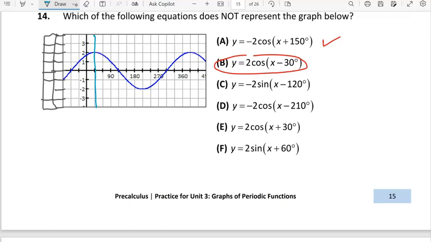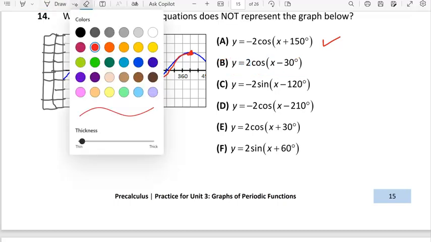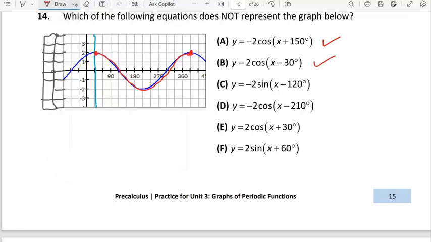And from here, the positive 2 indicates a right side up cosine function from that point. That also looks like that could be a cosine function. It's going from peak to peak. So if it's peak to peak, it's going to be a positive cosine function. If it's going from valley to valley, it'd be a negative cosine function. So that one looks valid. I'm going to check that one off of our list.